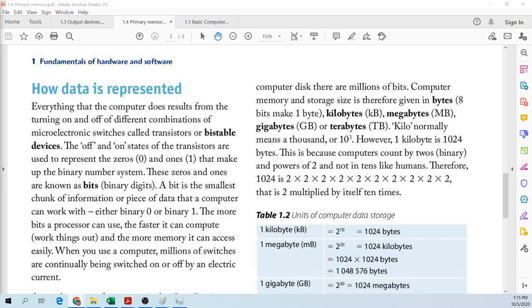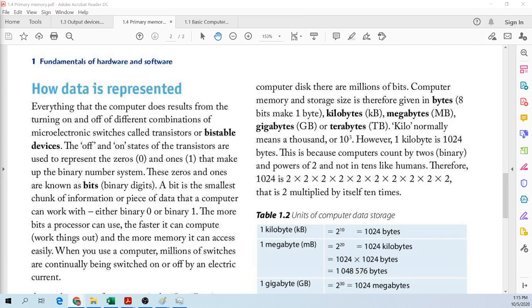Kilo normally means 1,000 or 10 to the third power. However, 1 kilobyte is 1,024 bytes. This is because computers count by twos or binary, and powers of 2 are not in tens like humans.